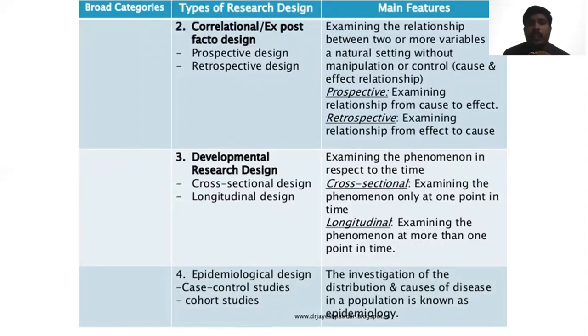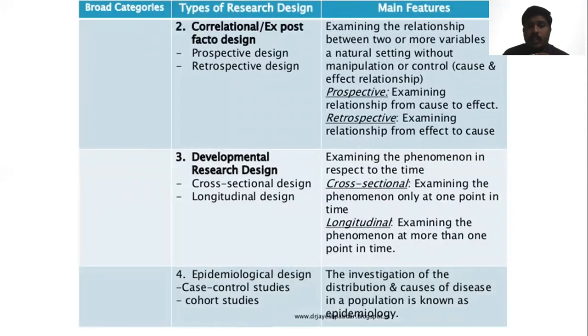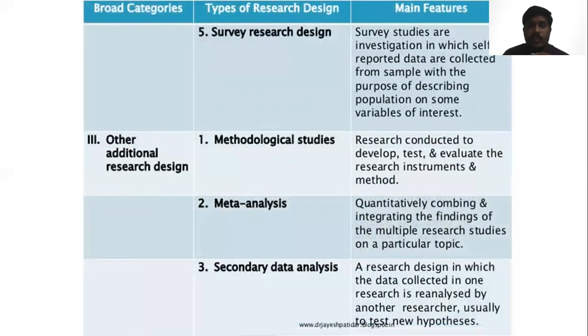So second one, in the same type, we have correlational or ex post facto design, which is an important research design used by so many researchers. And developmental research design and epidemiological design. This epidemiological design always has a close connection with disease research or medical research.